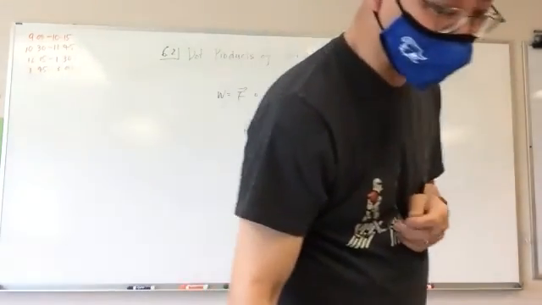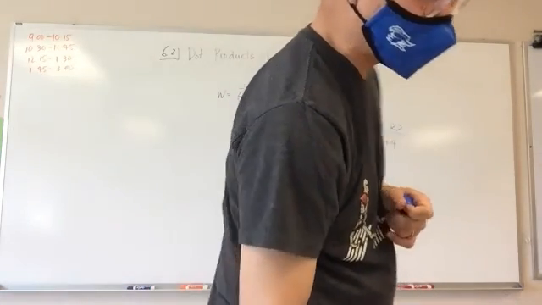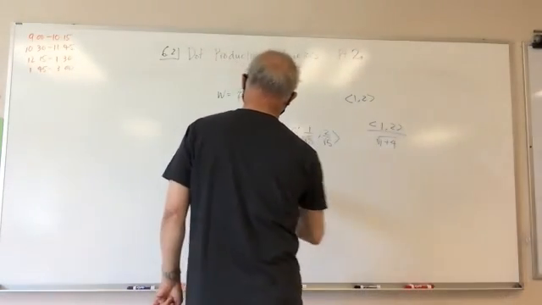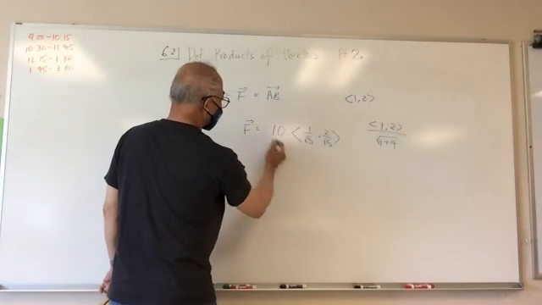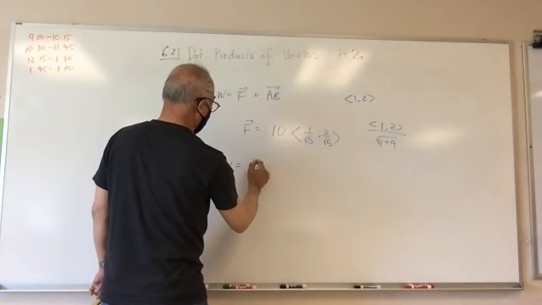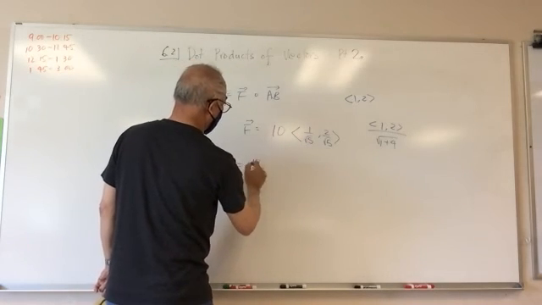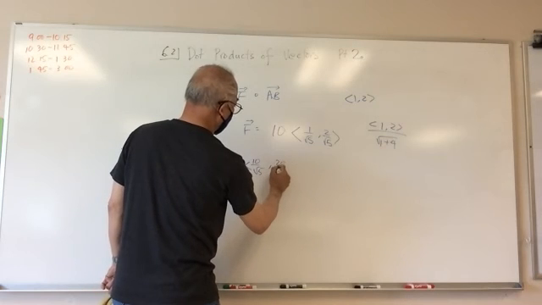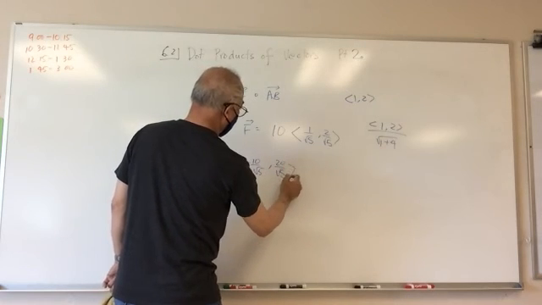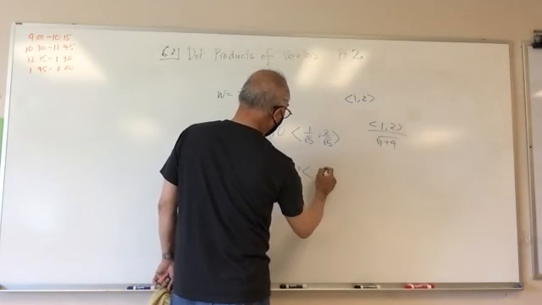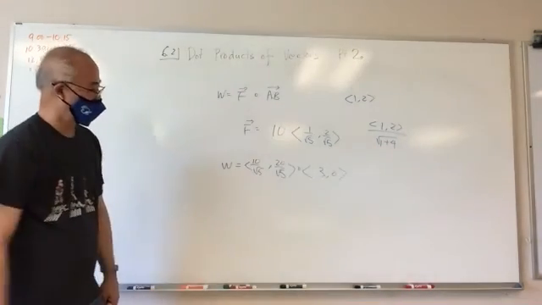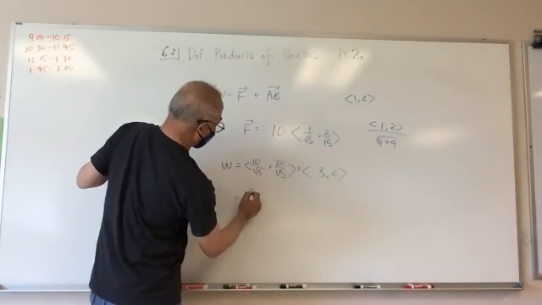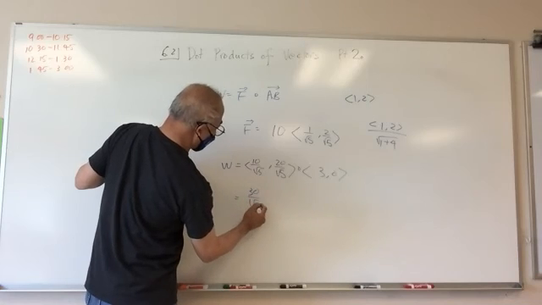And then I'm traveling from 0, 0 to 3, 0. So work is going to be this, dot product of 3, 0, because that's where I'm going. 30 root 5.